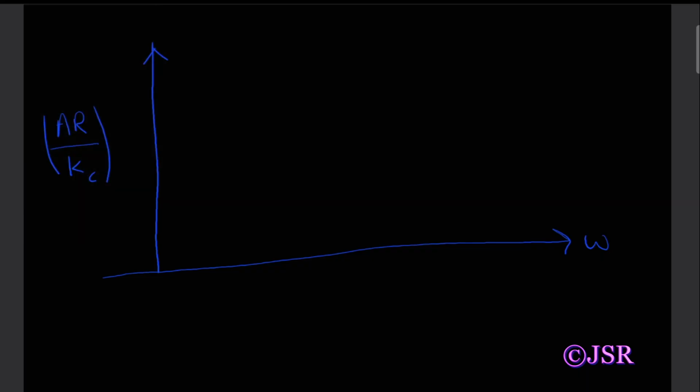So first we will draw the gain plot. So x-axis is omega and y-axis is AR by KC.